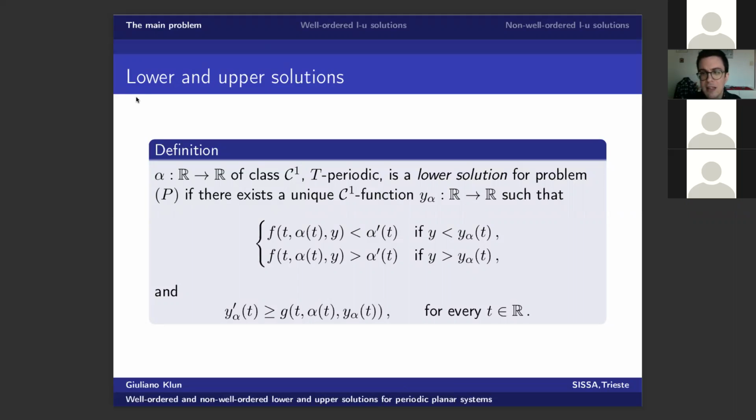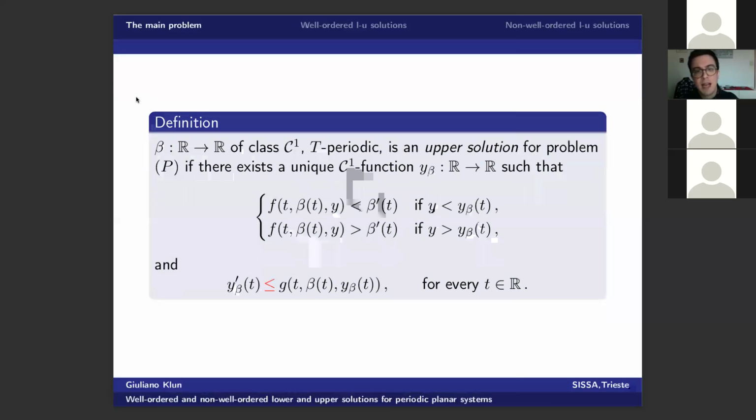We say that this is a lower solution for the problem P if there exists a unique C1 function that we call y_alpha from R to R, such that this couple of inequalities holds for f with respect to alpha', and this inequality holds for y_alpha' with respect to g calculated in t, alpha(t), and y_alpha(t).